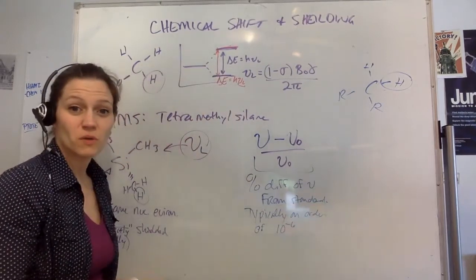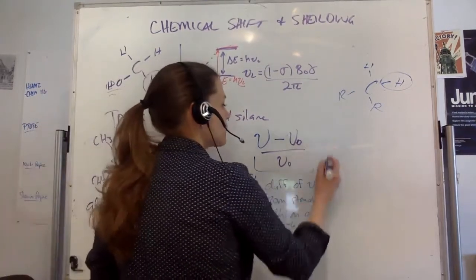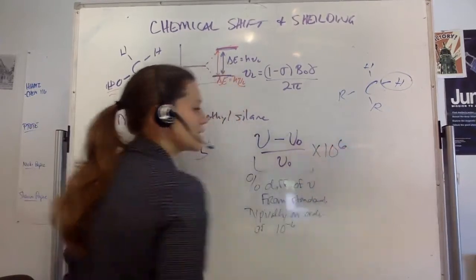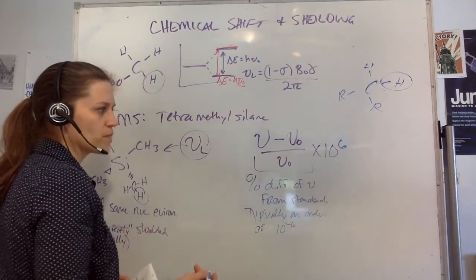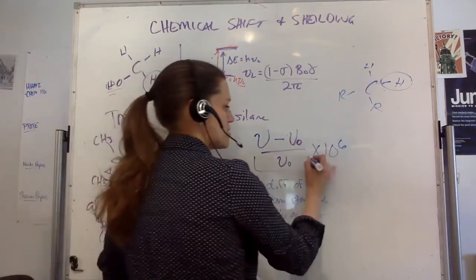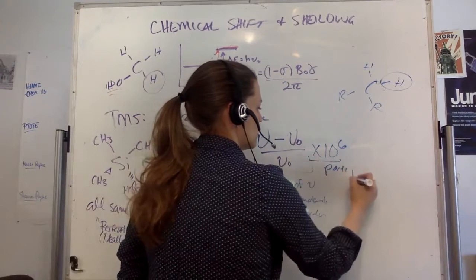So it's really small. So what we do is we multiply by 10 to the 6th to put this into a value that's somewhat reasonable. And so because of that, this is essentially a parts per million.